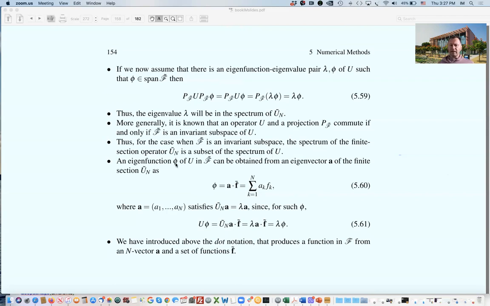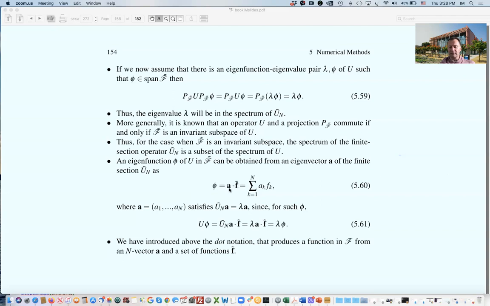Now, an eigenfunction phi of U in f tilde, if it exists in the span, can be obtained from an eigenvector of the finite section just by multiplying that eigenvector. That's a set of constants, right? Components in an n-vector, multiplied with a function.